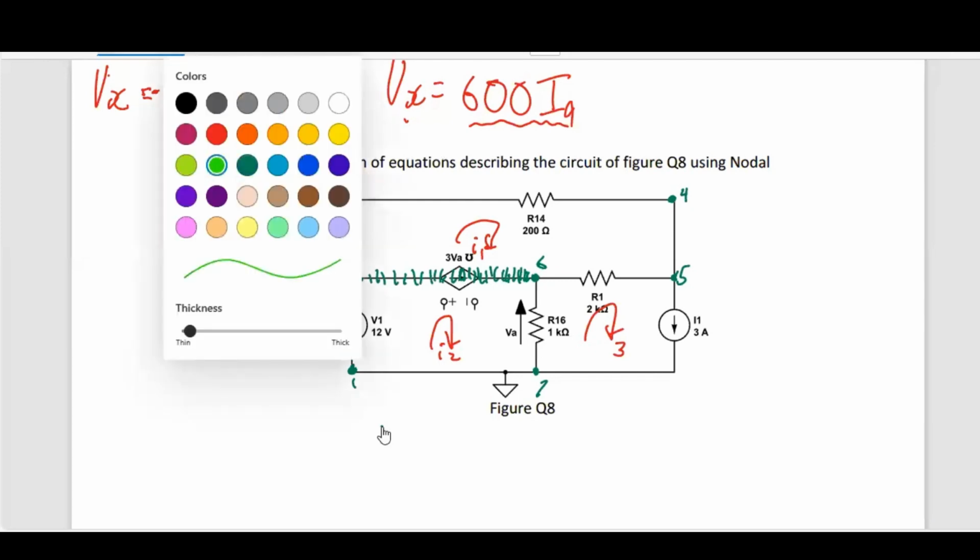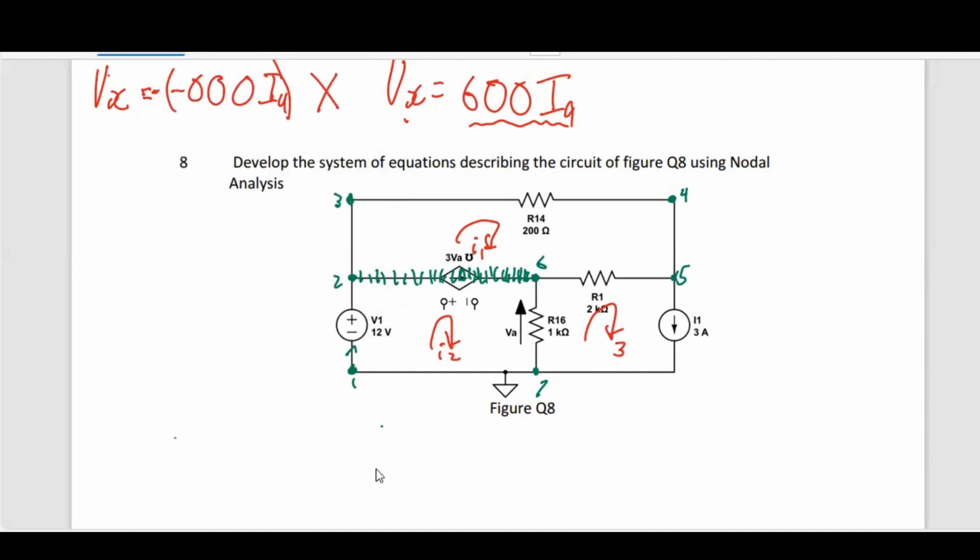All right, so on the bottom there's the equation. We're going from 1 up, so we call that the super loop because I'm not going through that. So that'll be 12. We have 2 up to 3 across to 4, so that'll be minus 200 I2, and the I1 loop, so we have minus 200 I1 across the 4 down to 5.